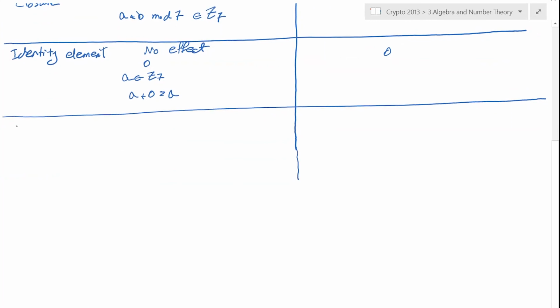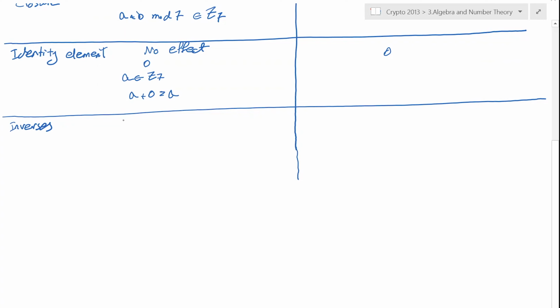So we have something called inverses. Remember that an inverse is a value that when you add it to the element, you end up at the identity element.